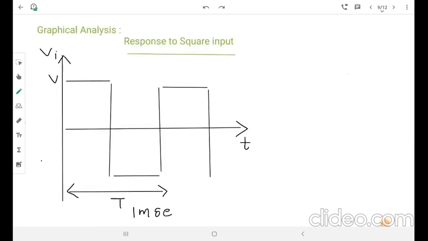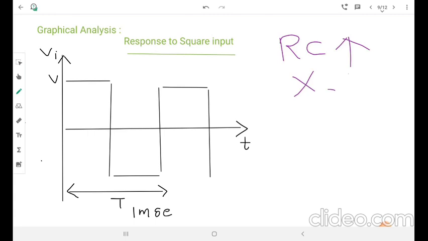Next we have to see how the integrator circuit responds to a square input. See here, it's a square input having time period T, let it be 1 millisecond, and peak value V. This is applied to the integrator circuit. Then what will happen? We know that for the integrator circuit, the RC time constant is very high.